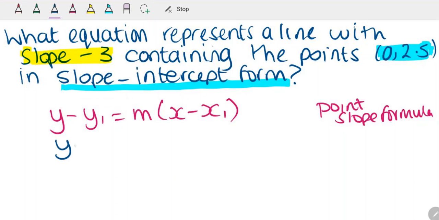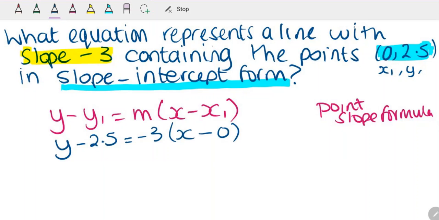So we have y minus, so this is x1 and y1, so minus 2.5. Our slope m is minus 3. x, and our value for x is 0.